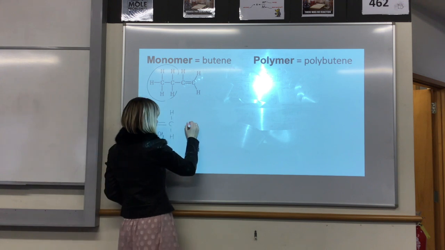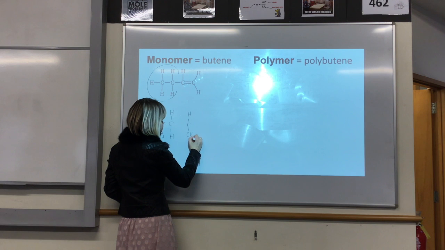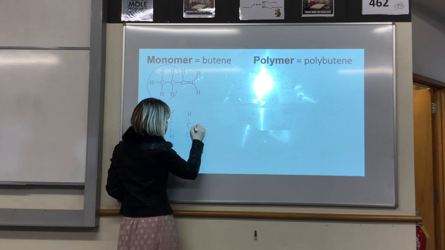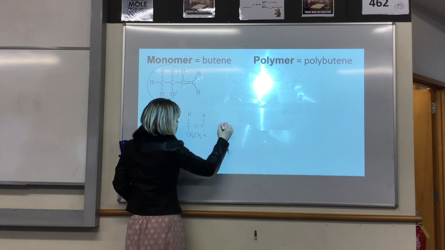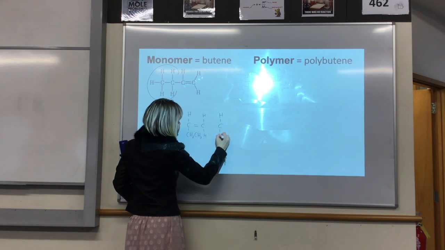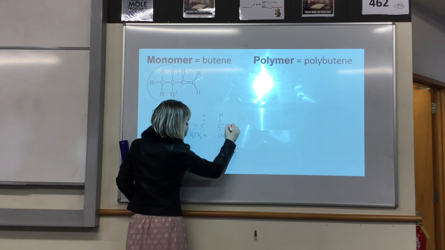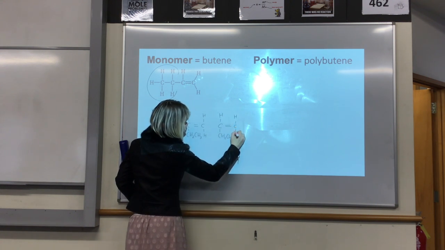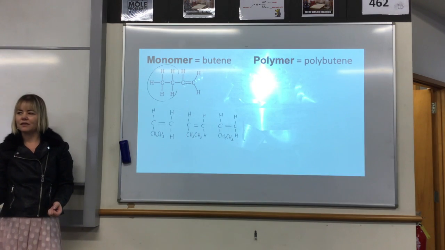And then the next monomer, so CH2, CH3, and then double bond. And one more. So CH2, CH3, and once you've done that, you've got the hardest part done.